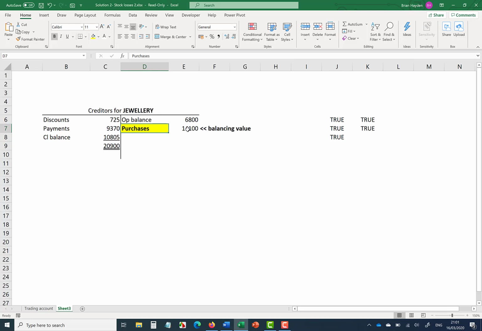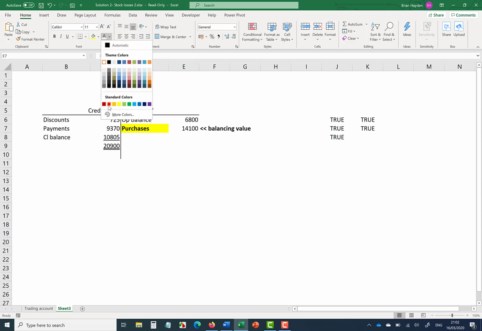And this highlighted value, purchases, was a balancing result. So I entered this item and these items, got a total here of 20,900, and the missing value was the purchases amount. So for purchases, 14,100.